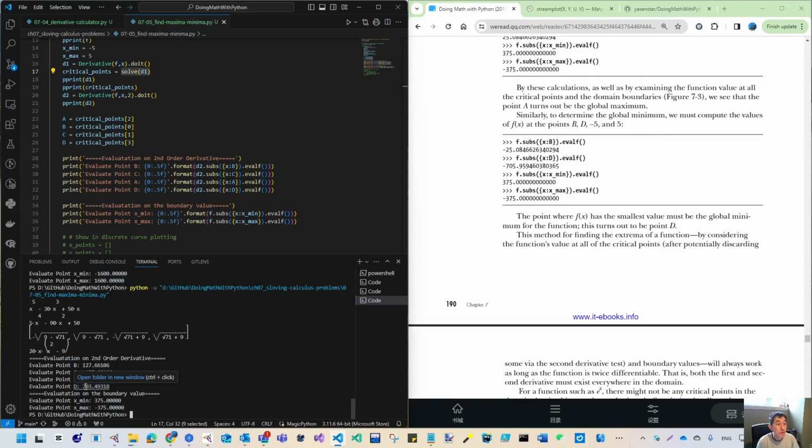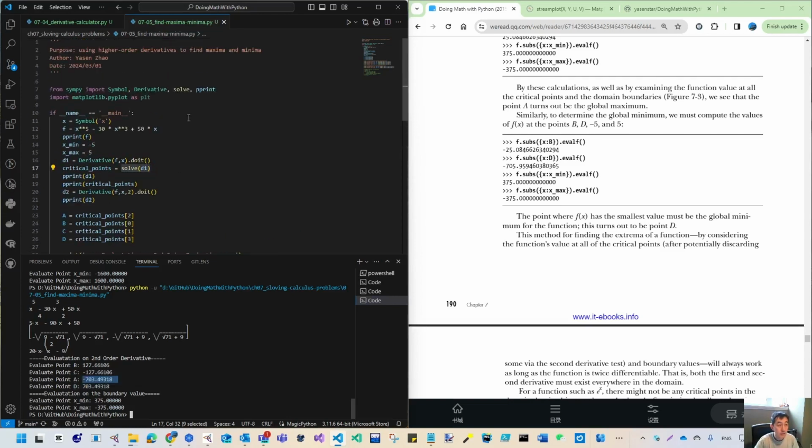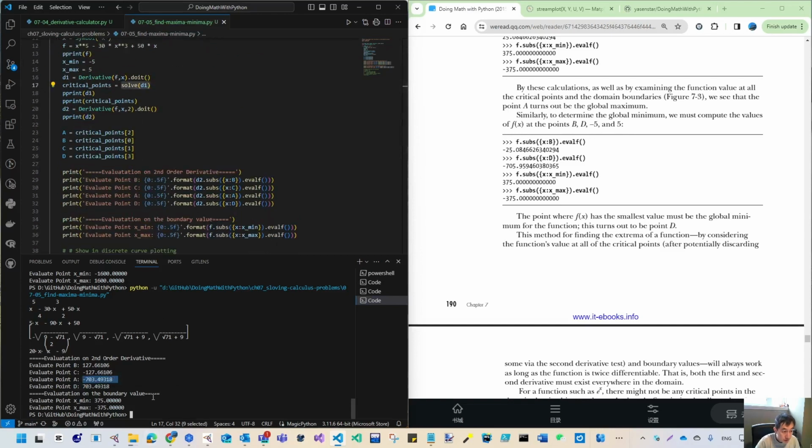If I do the solve on f, I only get two values, but with the higher order derivative, I get more results, which we can call the additional critical points.